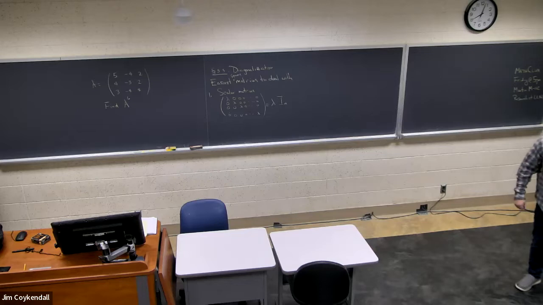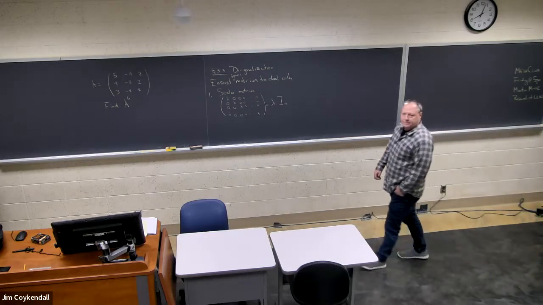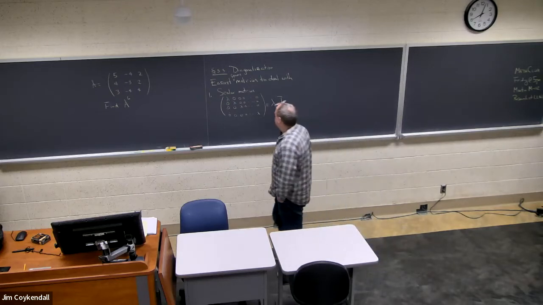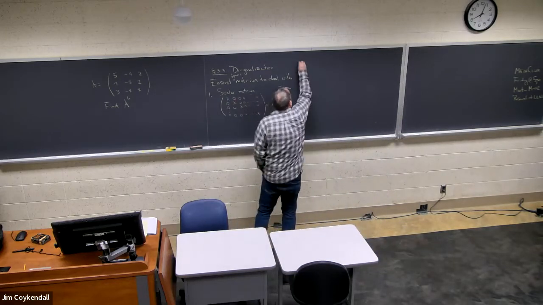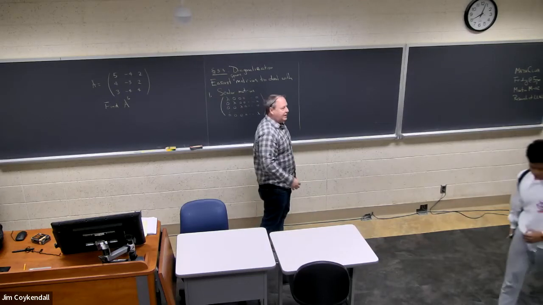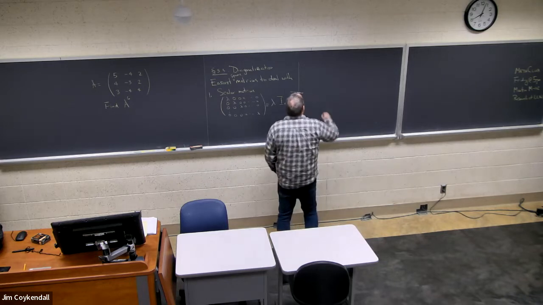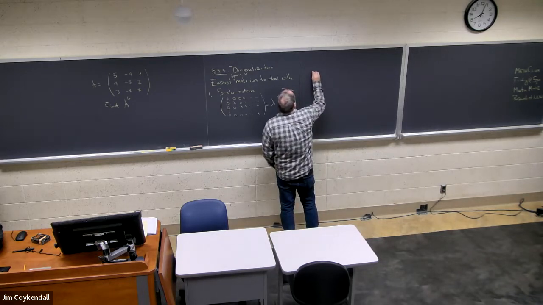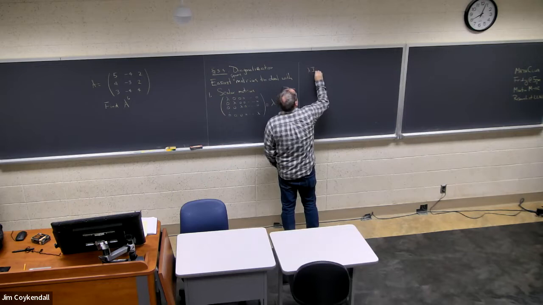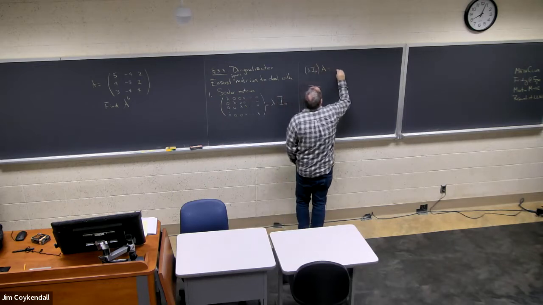What nice properties do these have? Why are these easy to deal with? Well, one of the things that I think is easy is that multiplication of scalar matrices is easy. So if you have a scalar matrix, you multiply by A, it's the same thing.